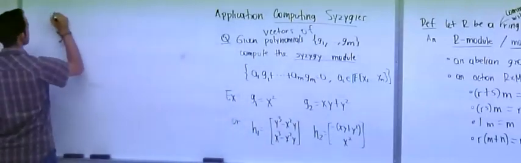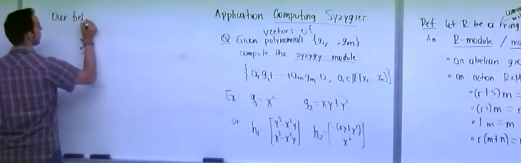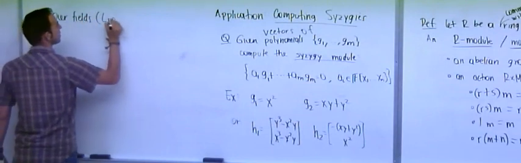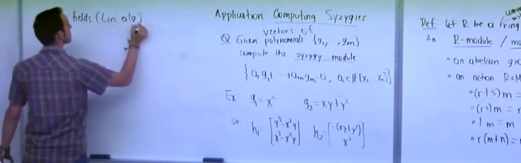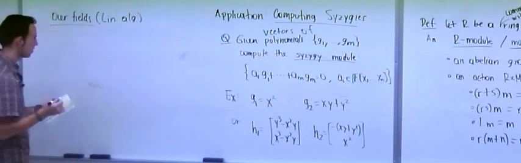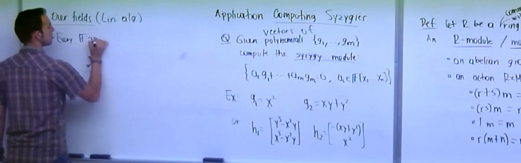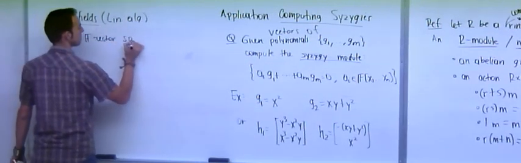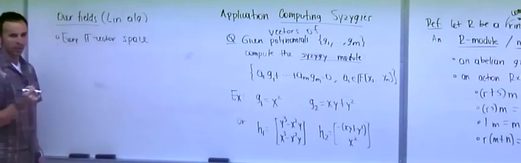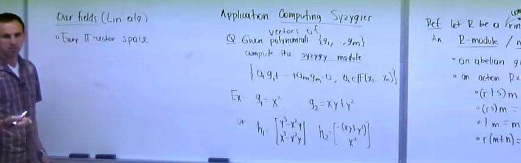Well, over fields, this is just linear algebra, right? And over fields, we understand this very well. Every vector space is characterized by a single number, which is called its dimension.